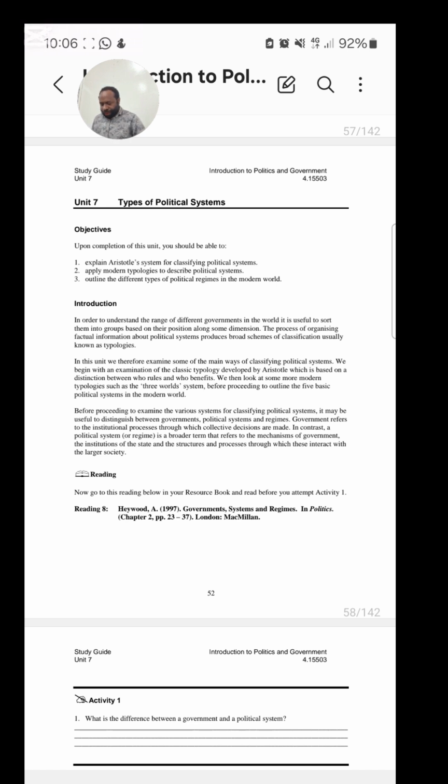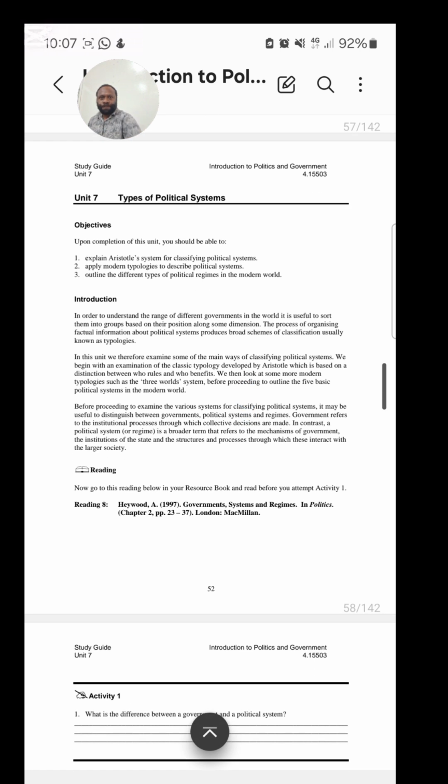So, like we always do, we always look at the objectives first and try and see the contents and answer the questions or the notions put forward by the objectives. So here on page 52, you have 3 objectives.